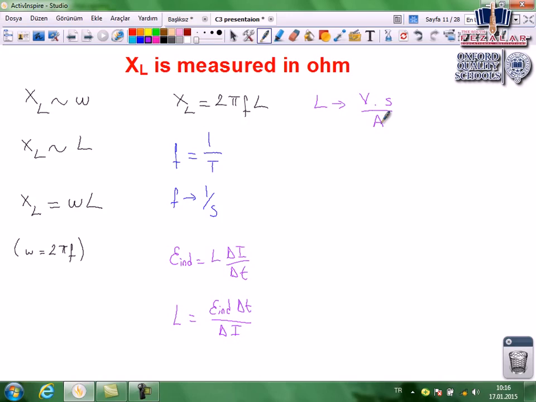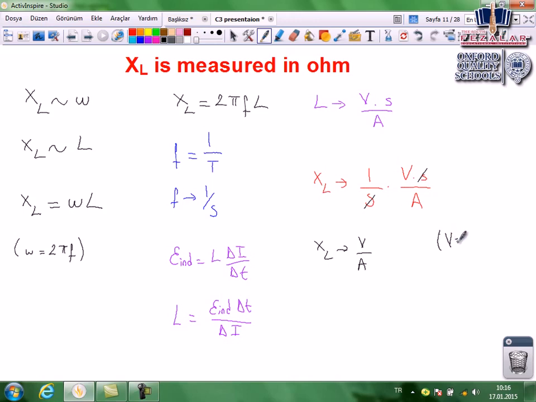Let's place these units in the formula. XL will be, for frequency, 1 over second times, for L, voltage times second over A. As you see, there are two seconds, and we can simplify them. XL is measured in voltage over ampere.